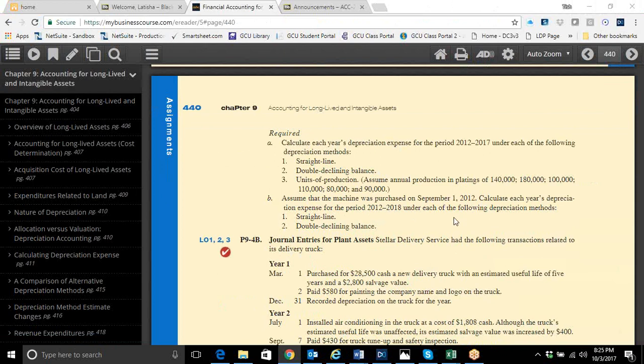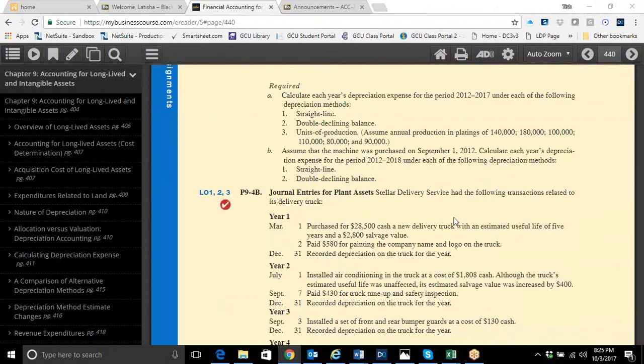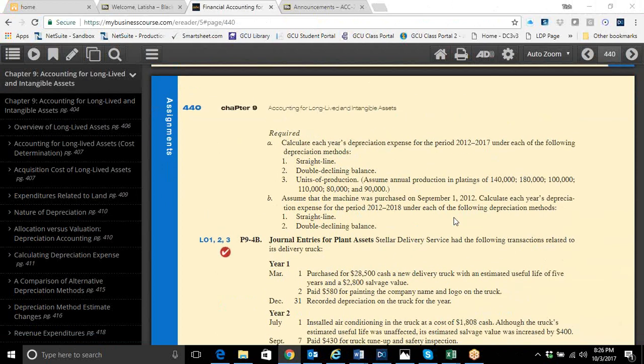In that case, you do have a partial year, so you have to count the number of months. That's the entire month of September, October, November, and December. So that's 4 full months. At that point, you do the calculation to show 4/12 of the year. Does that make sense?